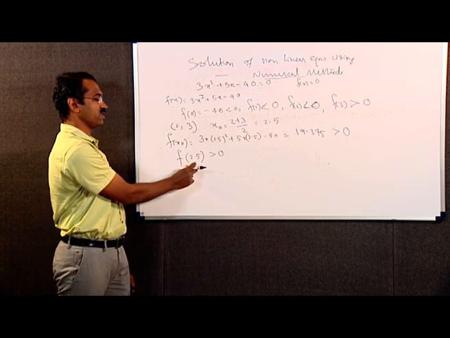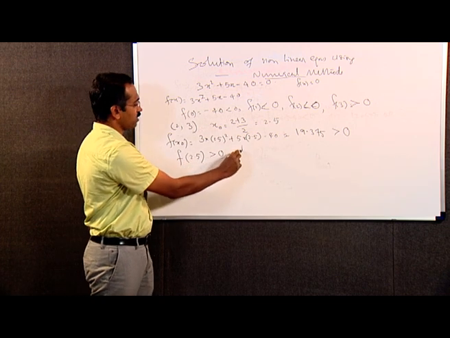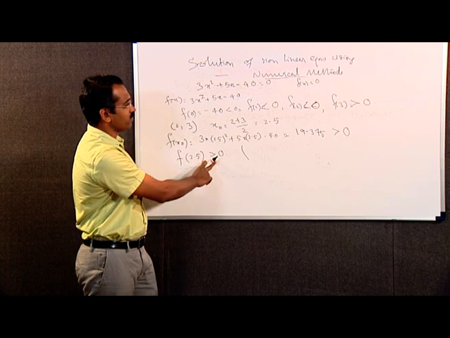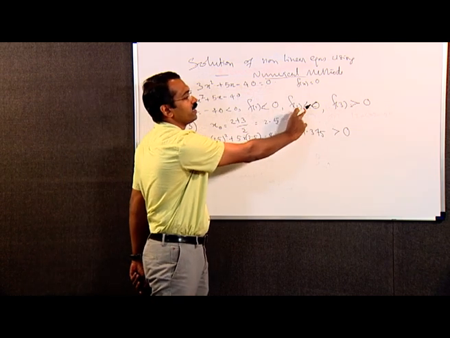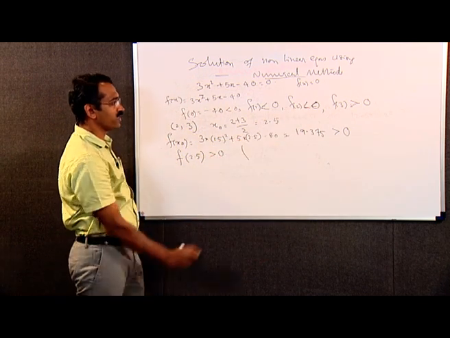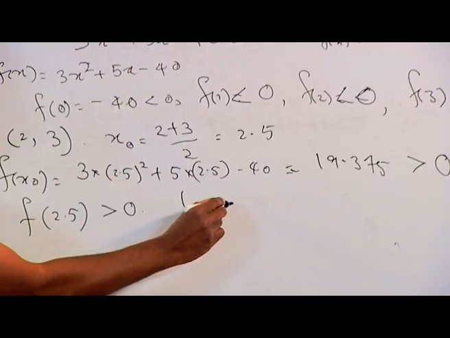Therefore, we can take the next interval of approximation. Here f of 2.5 is positive and f of 2 is negative in the first step. Therefore, we can take the interval 2, 2.5.